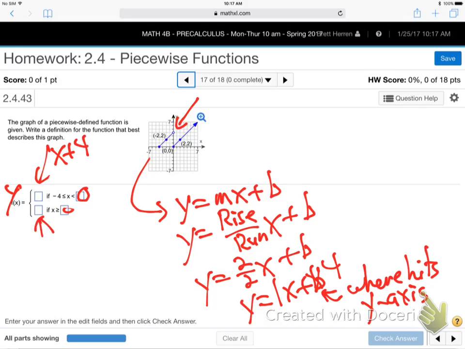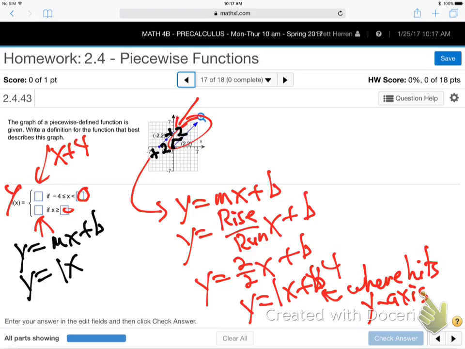All right, can you guys do this one, which is this piece? I'll give you a second. Find that one. Same thing, y equals mx plus b. What's the slope? It's 1 again. Can you see the slope? You can go anywhere you want, but if it goes from 0, 0 to 2, 2, that's up 2 over 2 again. 2 over 2 is 1.